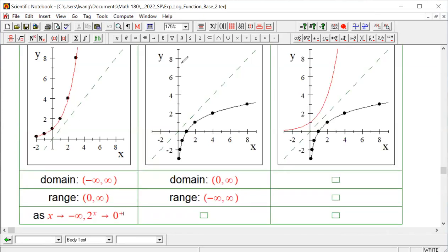So that's describing this direction. Okay, if I'm still picky about the colors, let's change the color to blue. As x approaching negative infinity, the curve will get closer and closer to 0, but always above 0 and never touches the x-axis.